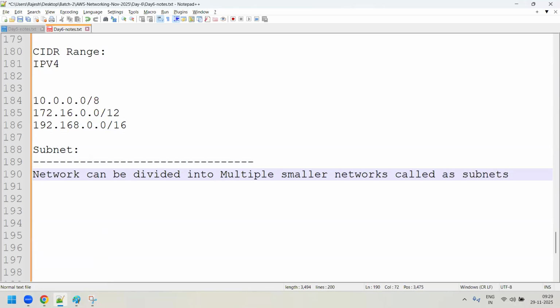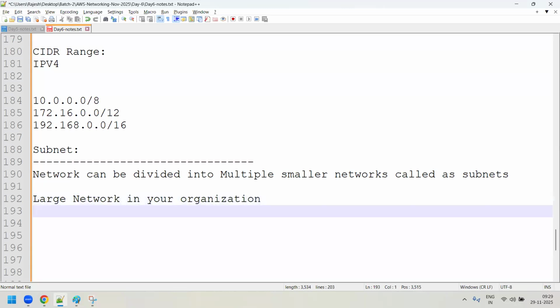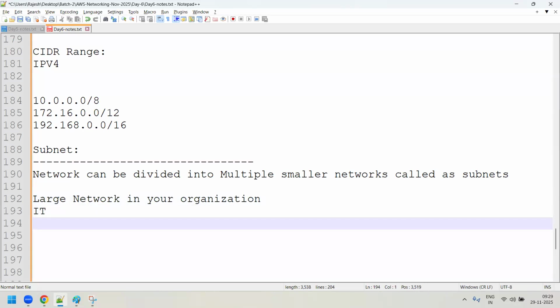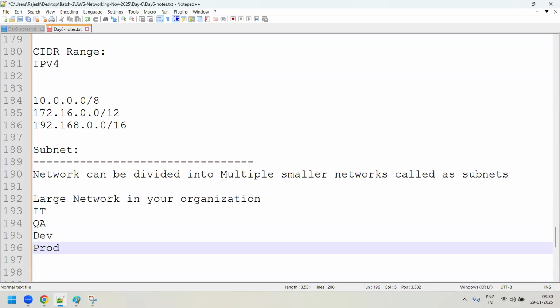For example, you might have a large network in your organization. But within your organization there are many departments, for example the IT department, the quality assurance department, test, dev, and production departments.